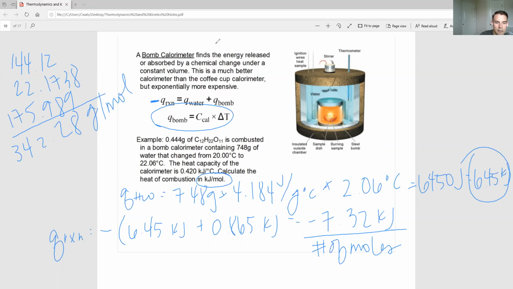And then I'm going to take my 0.444 grams, 1 mole, 342.28.